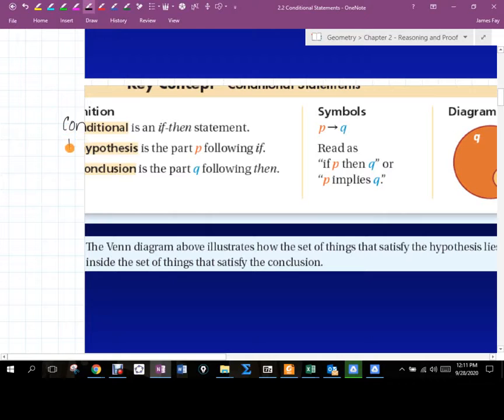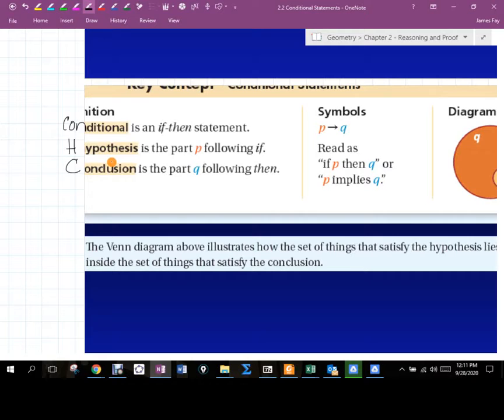Inside a conditional statement are two parts. They're called the hypothesis and the conclusion. The hypothesis is the part following the word if. So I said, if you clean your room. That is our hypothesis.